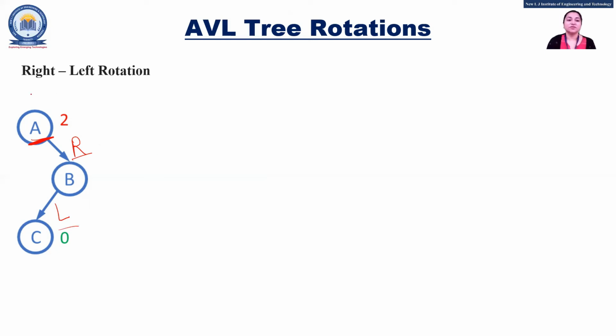So first of all, we will do right rotation. But for which node? We will do right rotation at node B first, and then we will do left rotation at node A. So we will rotate B to the right first, and then perform left rotation at A. If we perform right rotation on B, pick B and pull it to the right, then the tree will look something like this.